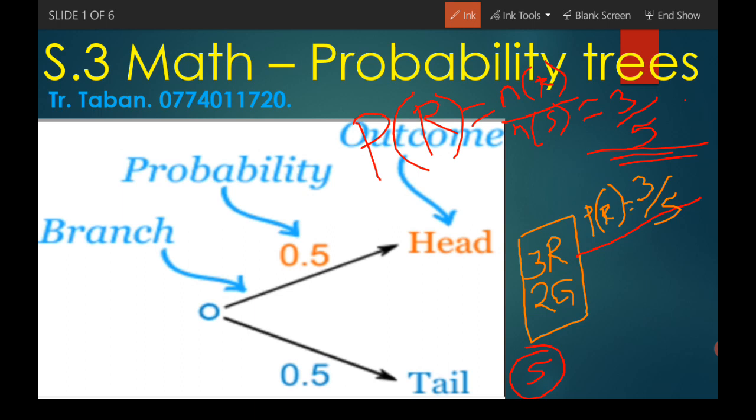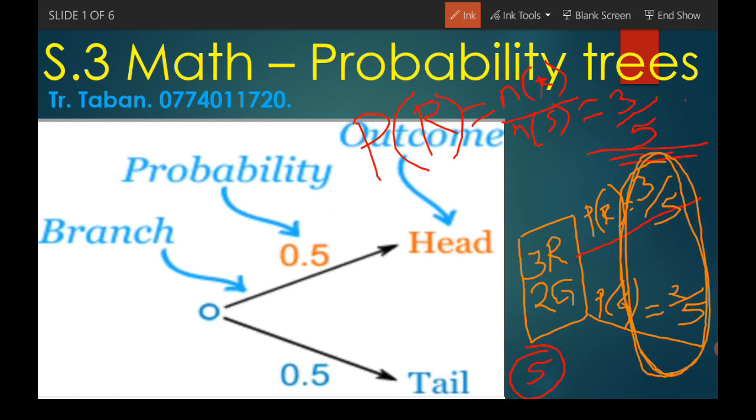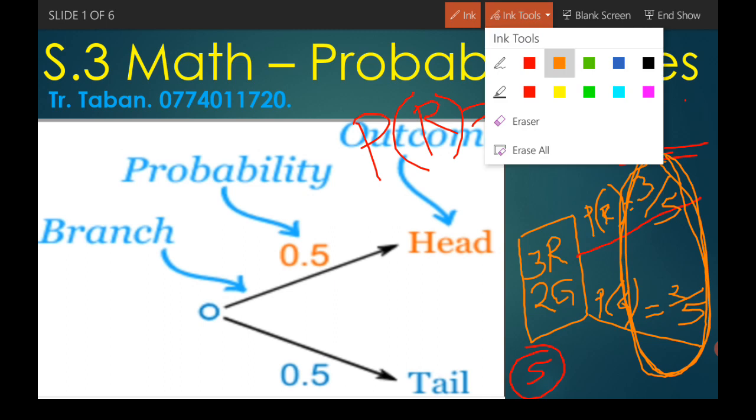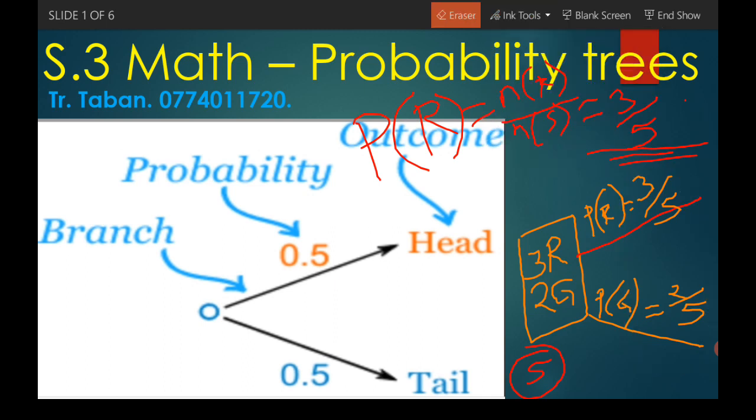And then the probability of picking a green mango can simply be equal to 2 out of 5. So from what we have said, in case you add up these two branches, when you add up their probabilities, you must get a sum of 1.